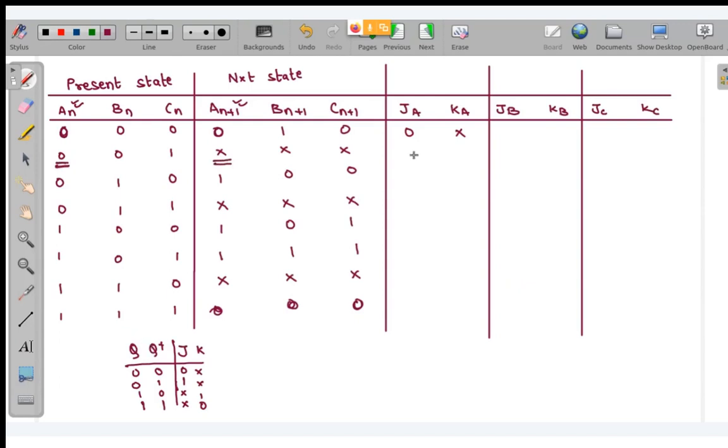So what should I put over here in J and K? Whenever you don't have such a present state and next state combination for input in the excitation table, simply put don't care, don't care.